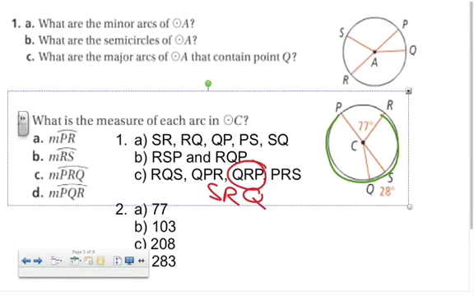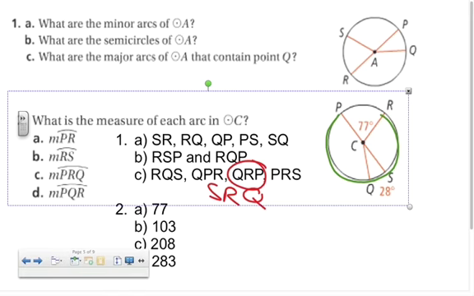Right, remember, just like way back in chapter 1, when I told you that segment AD was the same as segment DA. Same idea here. Yes, okay. What about SPR is the same as SQR, which I have as RQS. Yes, ma'am. SQ is a minor arc because it is less than 180.